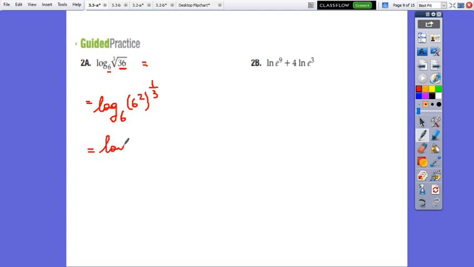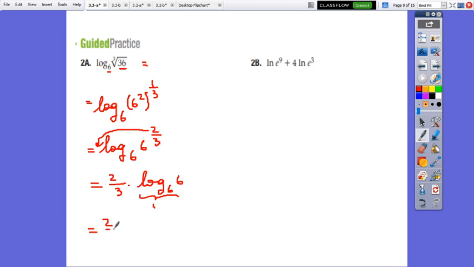It equals log base 6 of 6 to the exponent 2/3. The exponent goes outside the log, so 2 over 3 times log base 6 of 6, which equals 1. So it all equals 2 over 3.